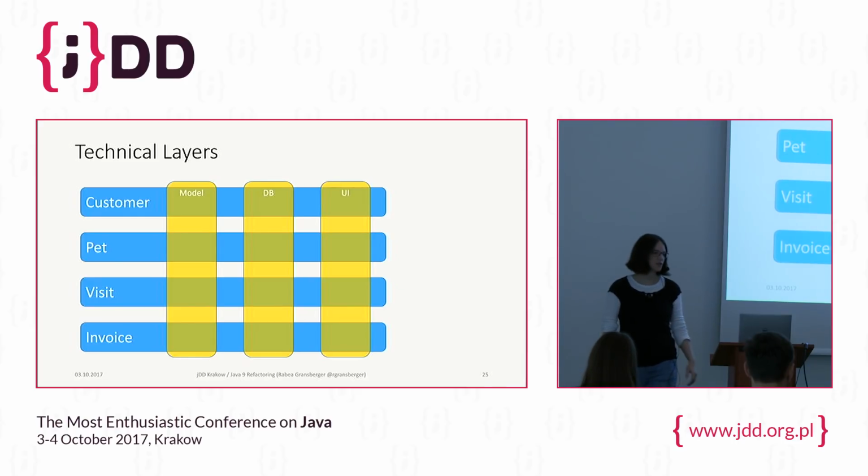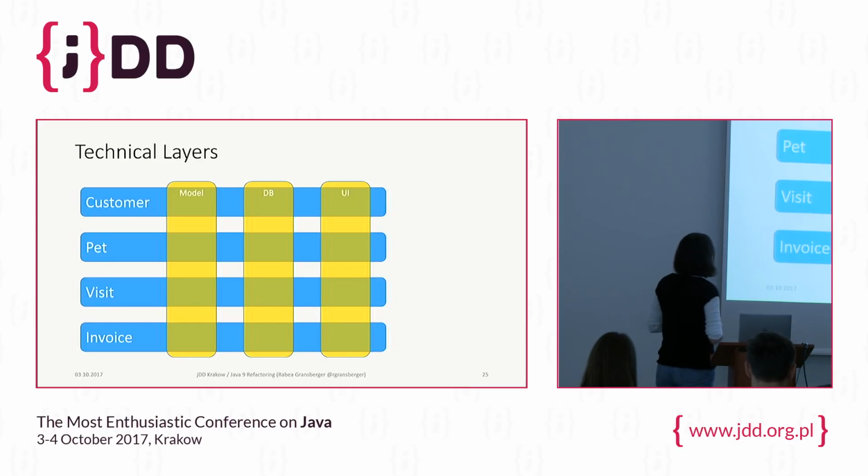So what we should do is also have some technical layers. We are missing the technical layers in our package structure. We have some classes which are part of the model, which are the entities. We have the database access classes, and we have some UI classes. We should split them up.